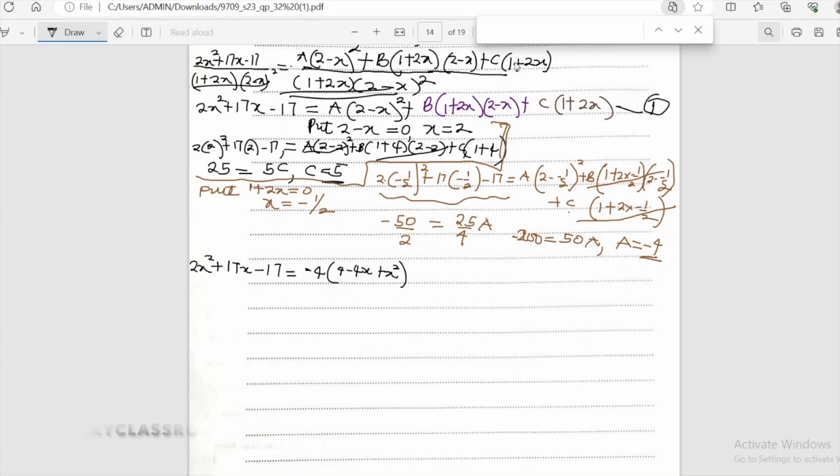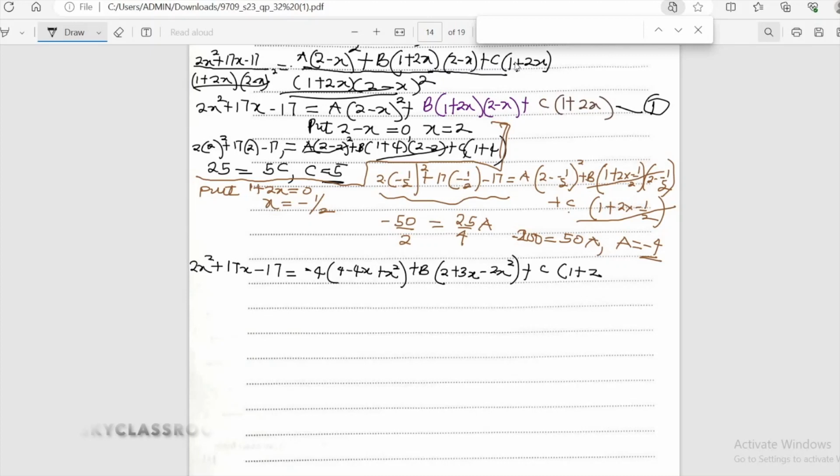Our B, we don't know B. I'm going to write it down. But when you expand what is beside B, I think we're going to have probably 2 plus 3x, 2 plus 3x minus 2x squared plus C.